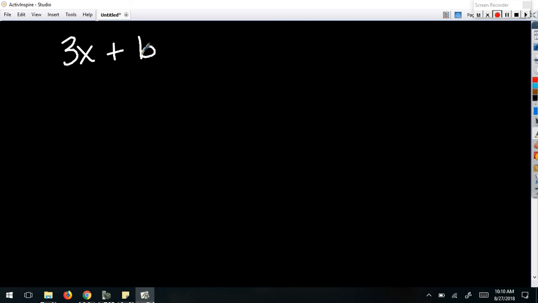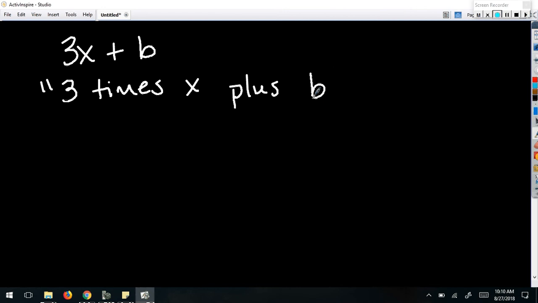Tell me what this means. What does it mean when I say 3x? 3 times whatever x is, a number. If I put this in words, this means 3 times x plus b. And I can put any value that I need to in for x and any value I need to in for b.